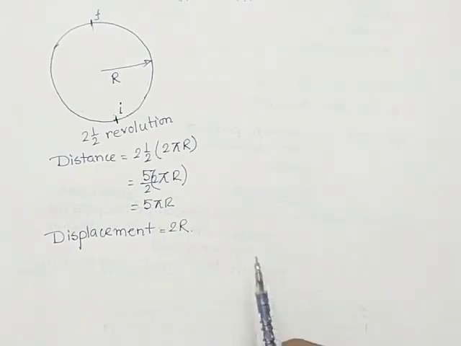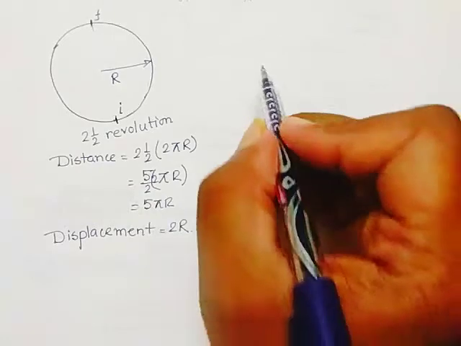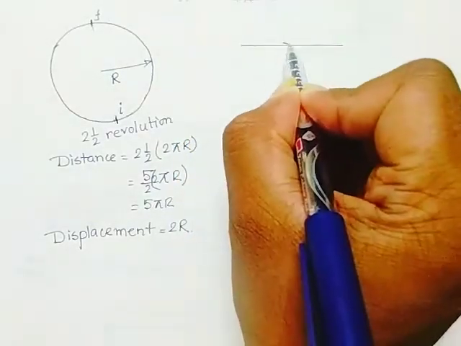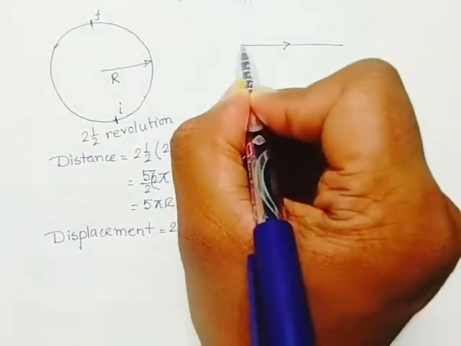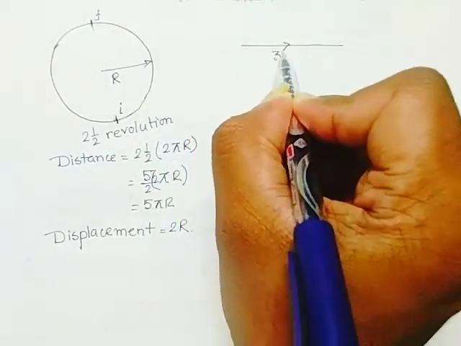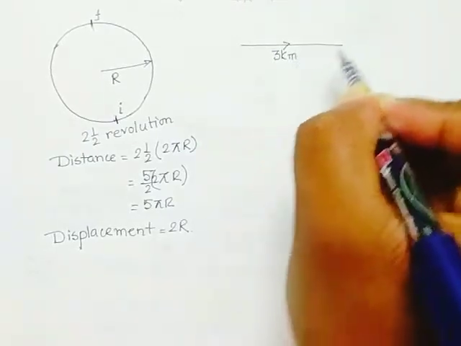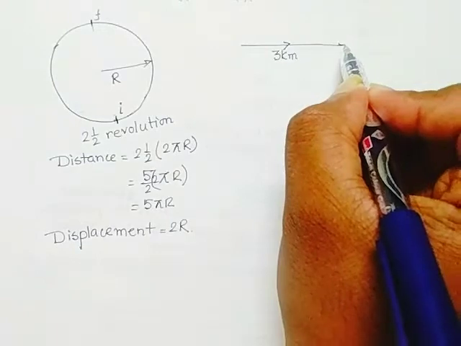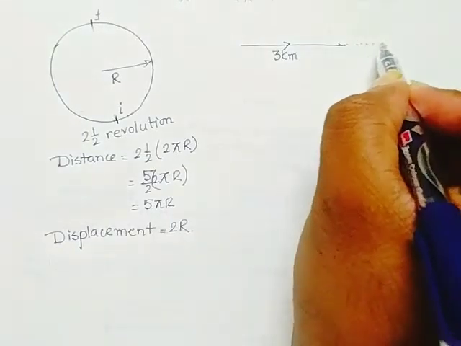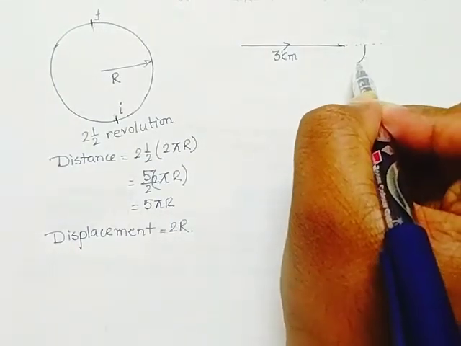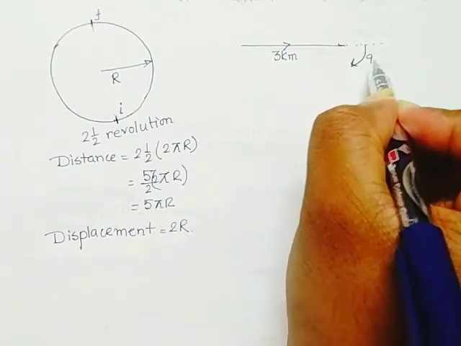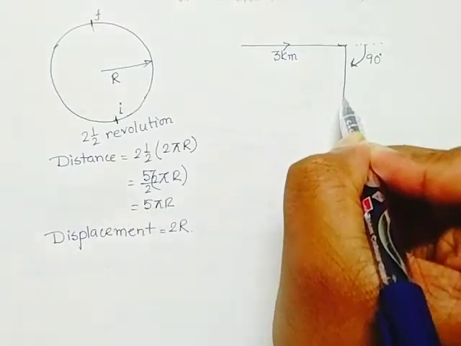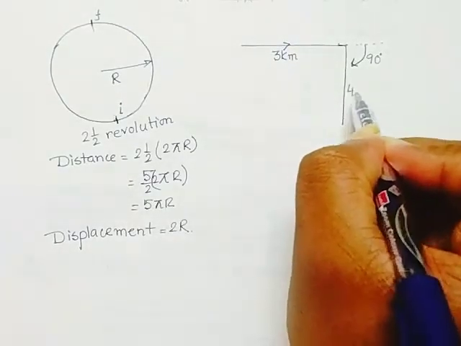Now if a person is moving 3 kilometers along the east direction, after that he takes a 90-degree turn towards his right, he again moves 4 kilometers in that direction.